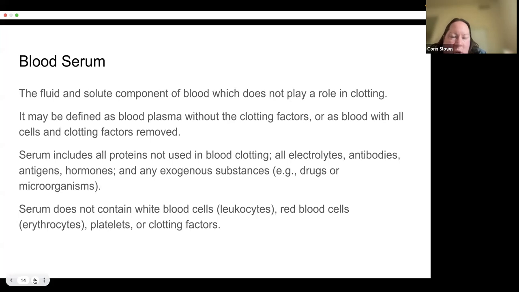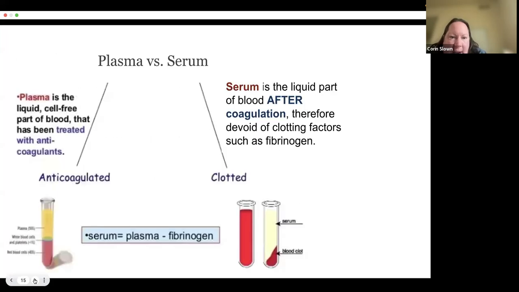So if you think about, well, how do you get blood serum? That process is an important distinction. Plasma is the liquid that has no cells in the blood. Essentially, it has been centrifuged and treated with anticoagulants. And essentially, what you get are your plasma layer, your liquid layer that's the top.